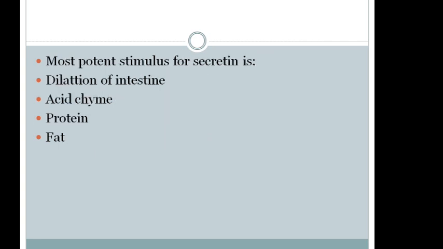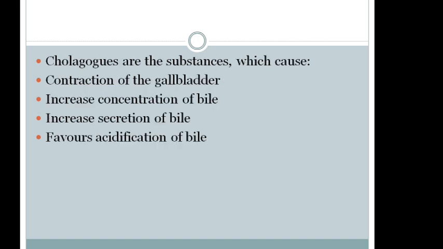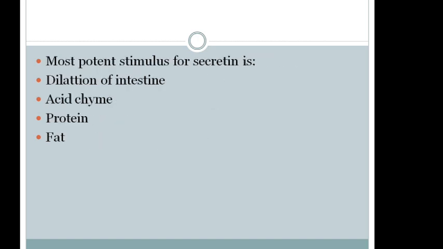Now next question. What is the most potent stimulus for secretin? It is acidic chyme. Acidic chyme is the most potent stimulus of secretin. Not dilation of intestine, not protein, not fat.